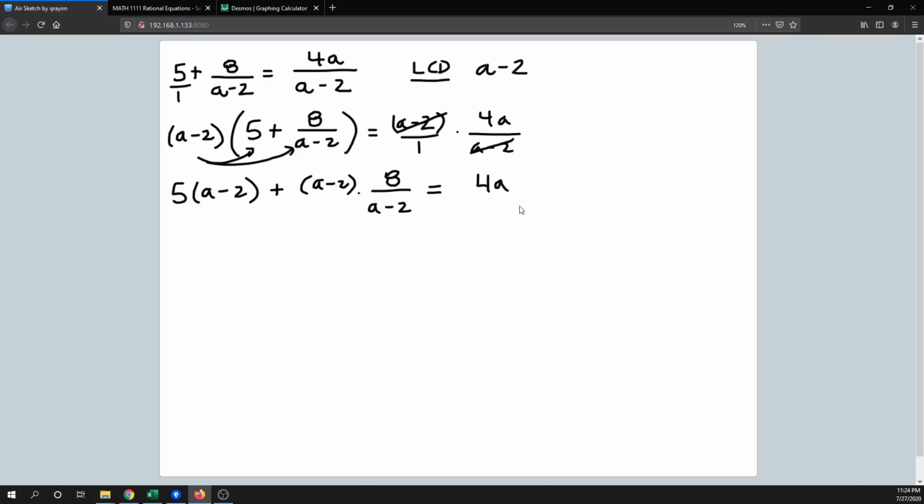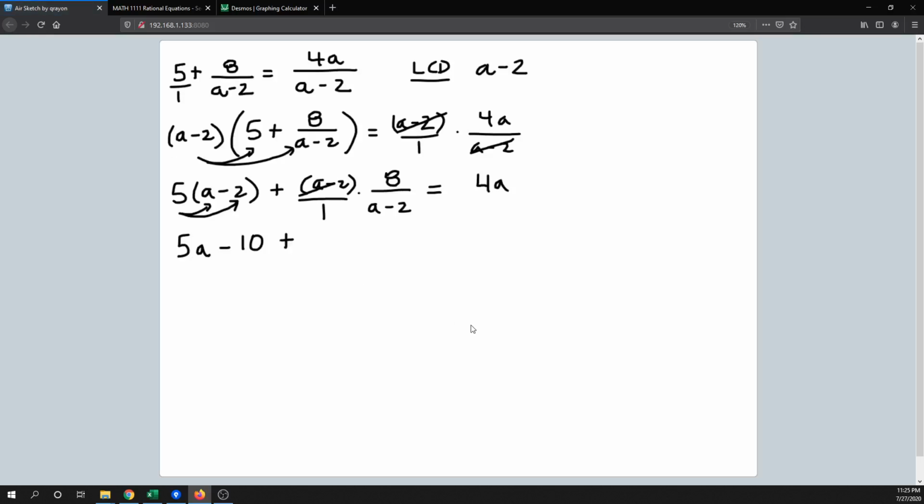Next, I am going to do some simplification over here on the left-hand side. The first thing I'm going to do is distribute this 5 through this parenthesis right here, so I'll wind up with 5a minus 10. And then here I can do some simplification. I've got a minus 2 on top and a minus 2 on the bottom, so again, you can think of that as being over 1.